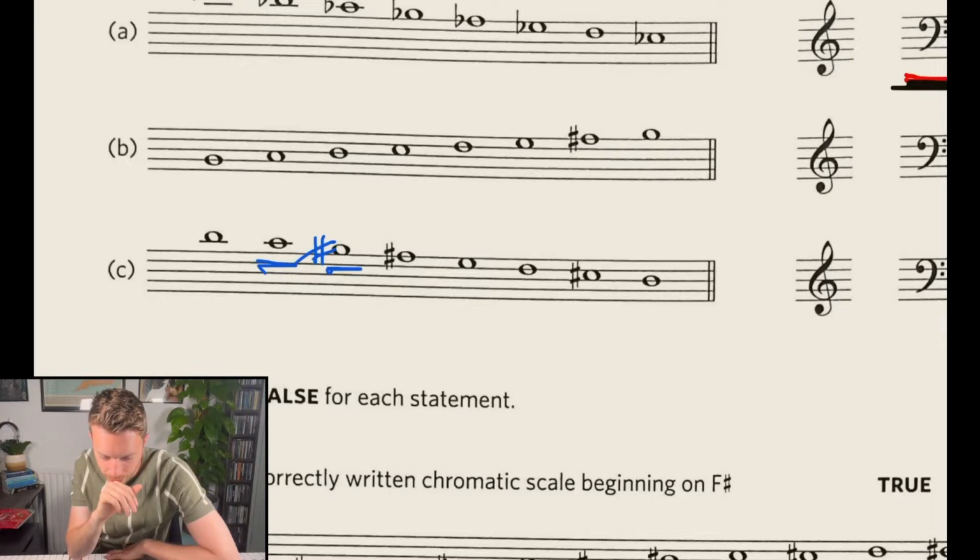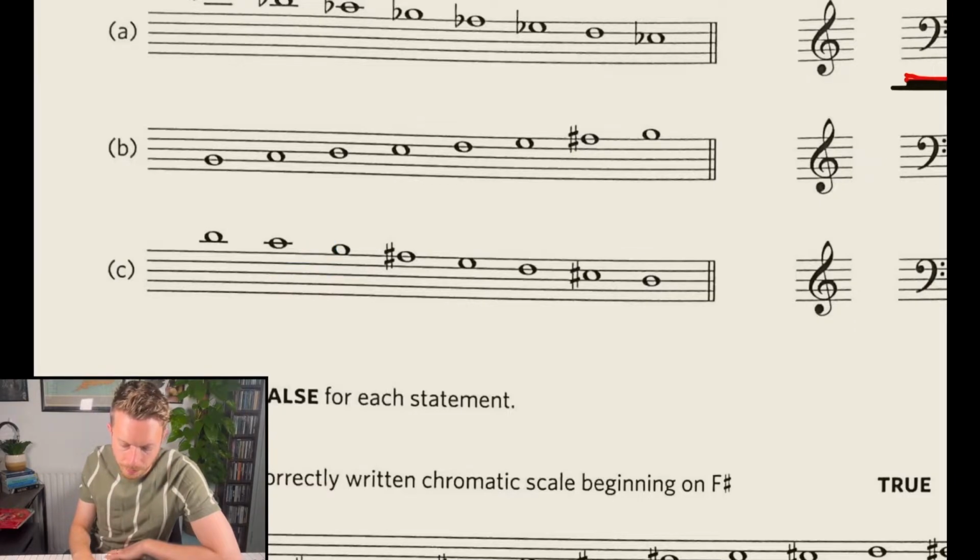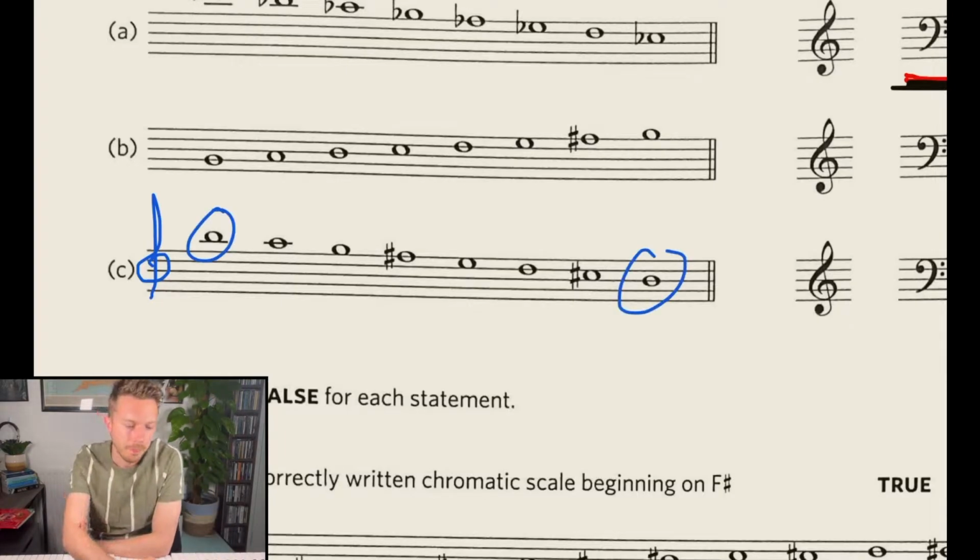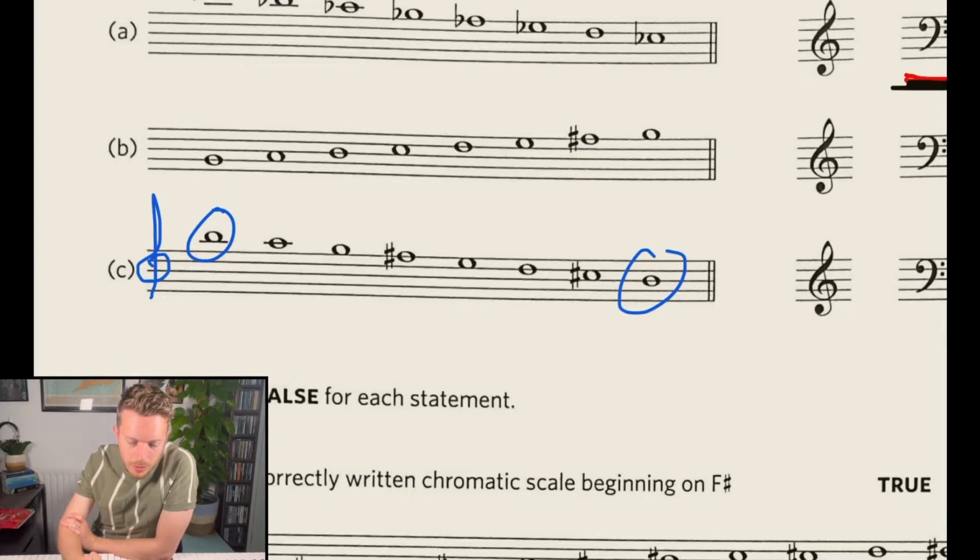So this one, we have to have a think about what notes they start on. If this was in the treble clef, that would be a B, and that's a B. So in B minor, we have two sharps, and they are C sharp and F sharp.